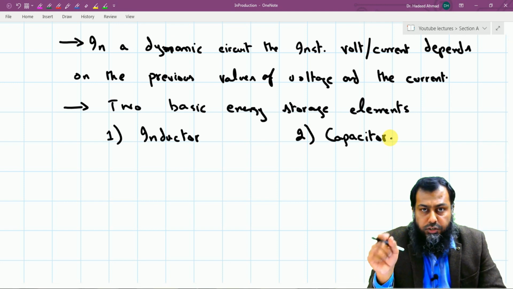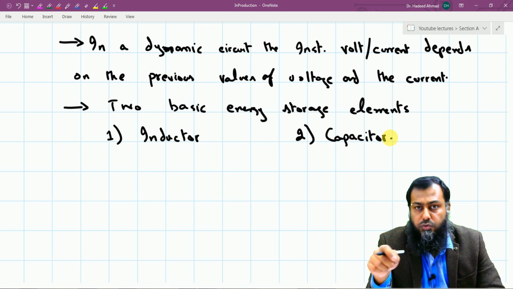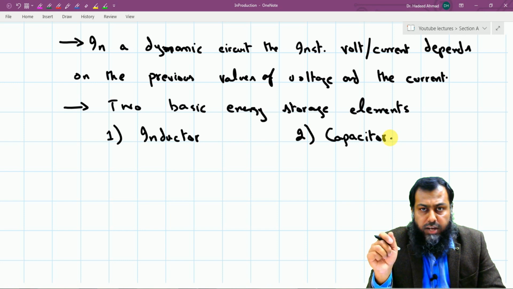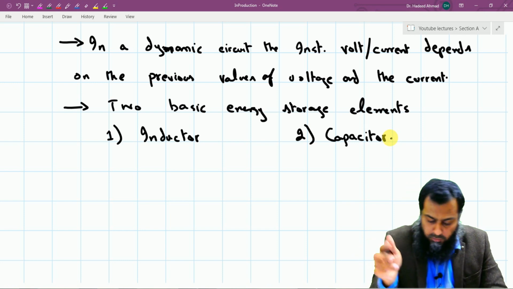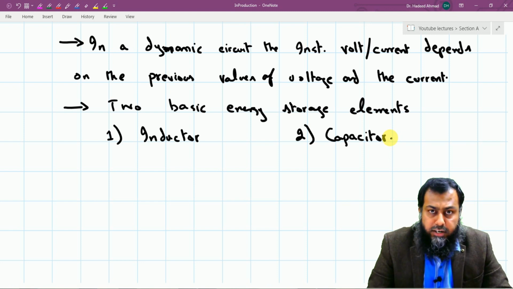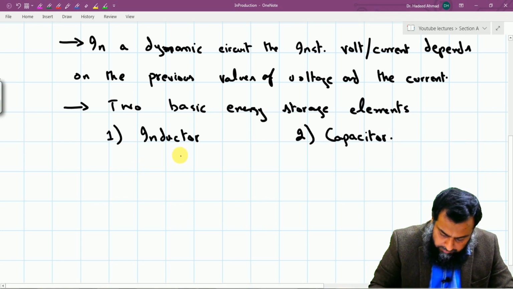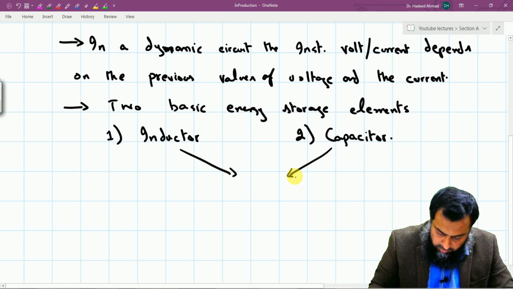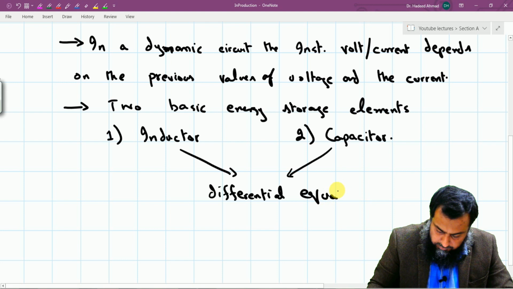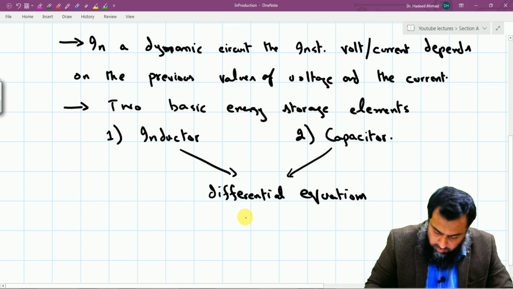The use of integration and differentiation, because of the presence of energy storage elements, makes the circuit complex to solve. Therefore the dynamic circuits are considered more difficult to solve compared to the static circuits. Both of them require some differential equations for the solution.